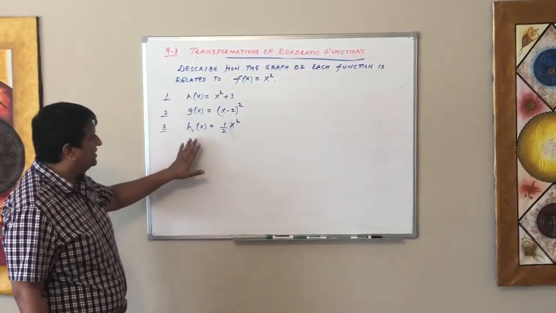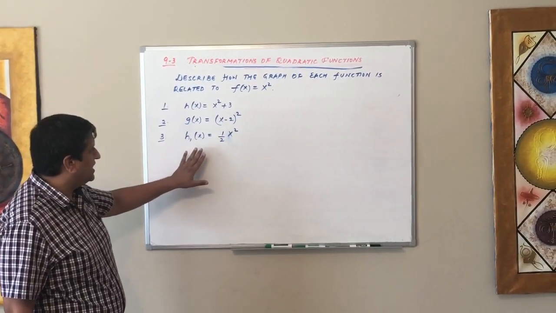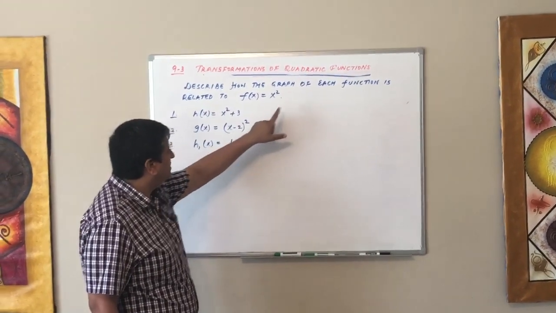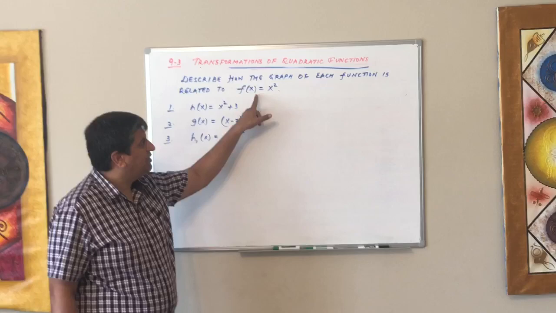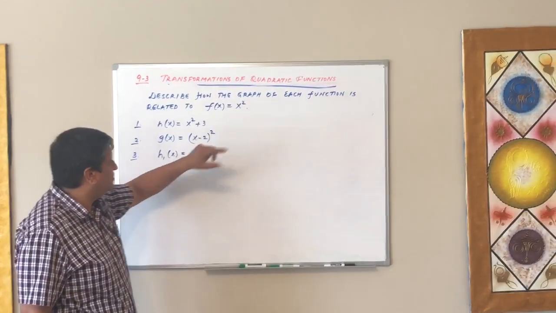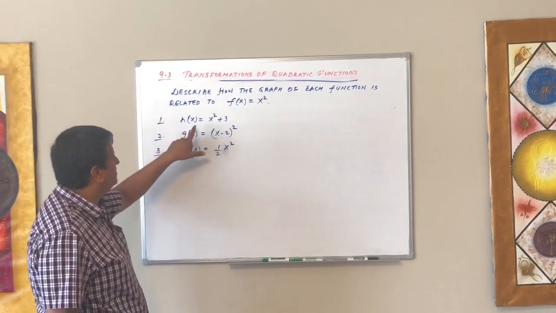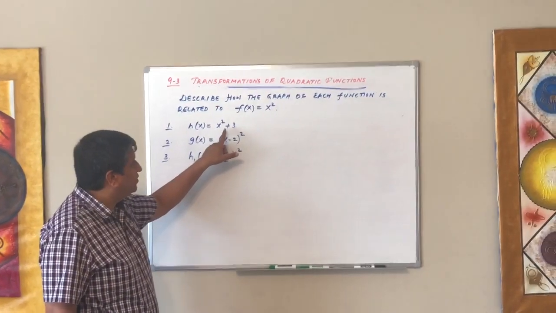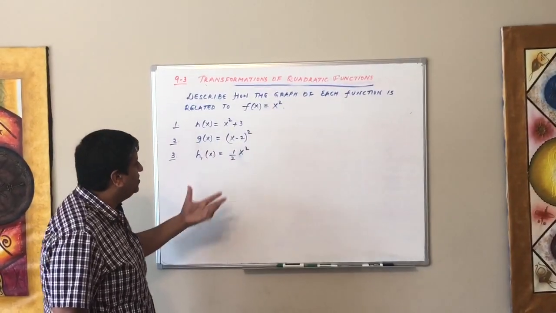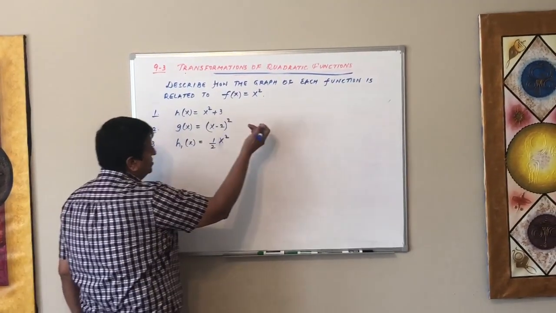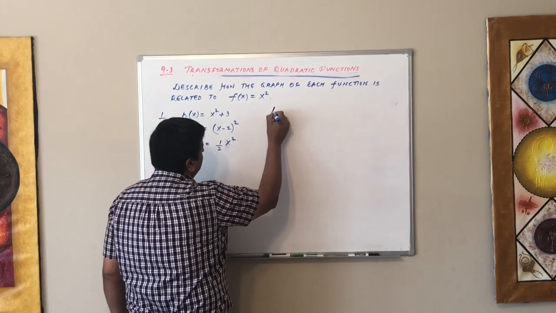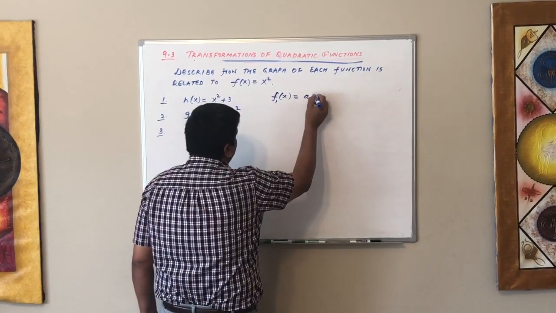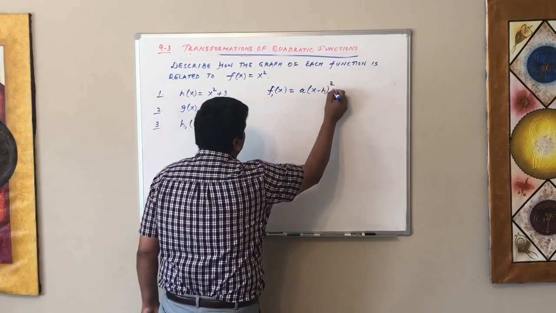So here are the 3 examples on transformations of quadratic functions. The question is, describe how the graph of each function is related to the parent quadratic function f(x) = x². So can you tell what kind of transformation this one is? You can compare this function to the vertex form of the quadratic functions.